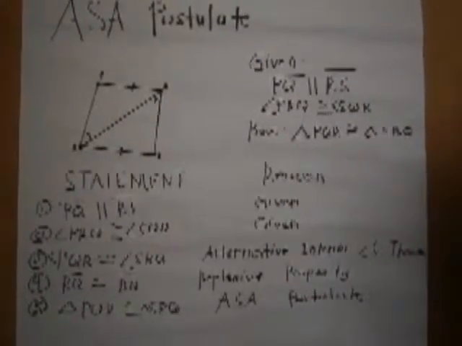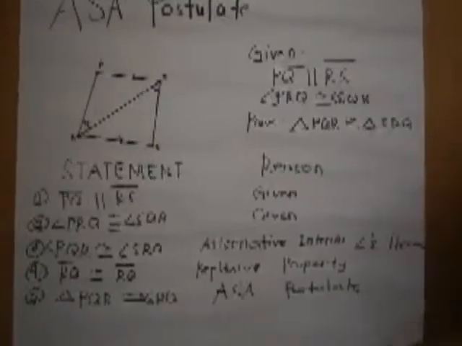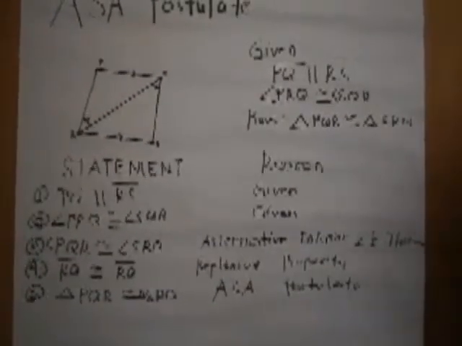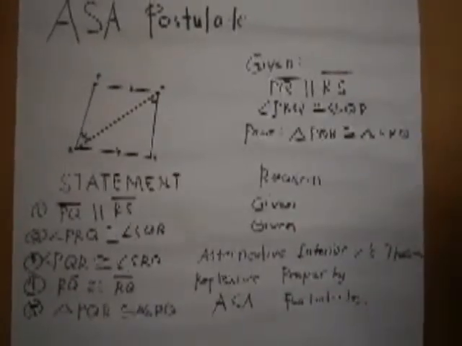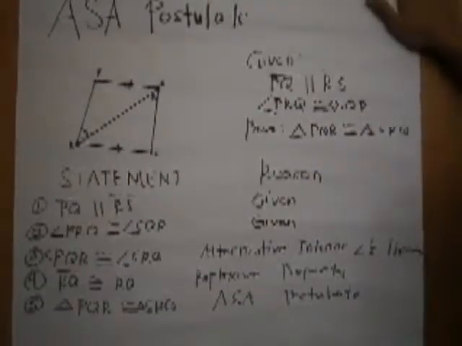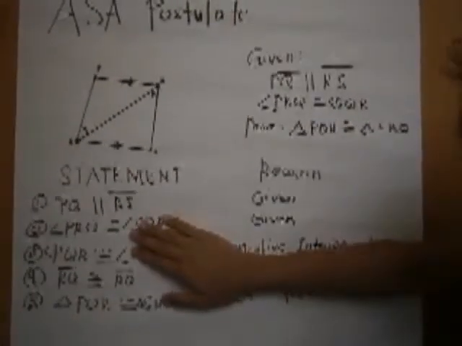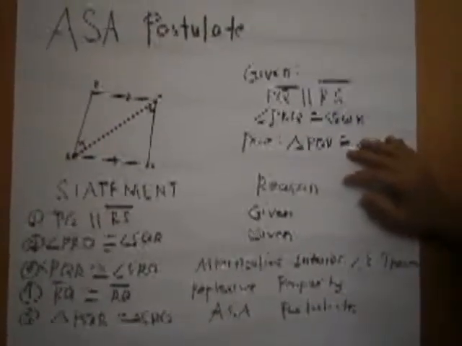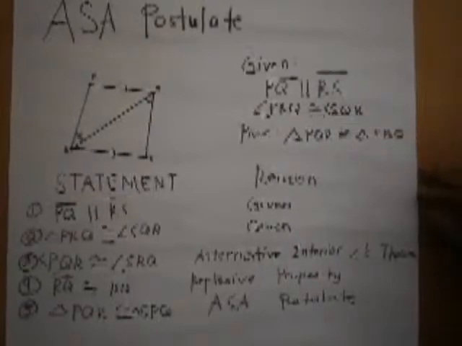Let's start with this problem by examining the information we have been given. Since segments PQ and RS are parallel, we write the statement and the reason, given. And this tells us that we may need to use some of the angle postulates we've studied in the past.